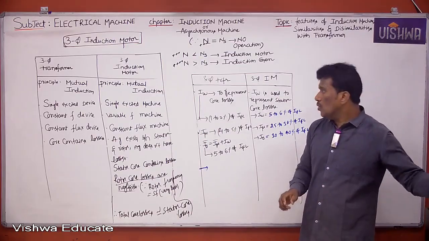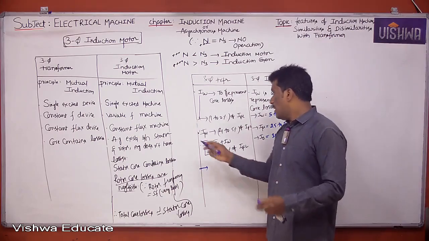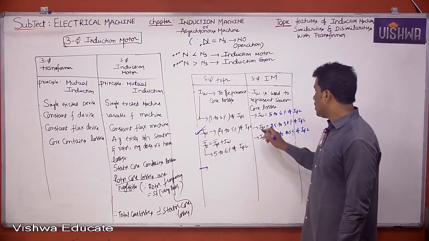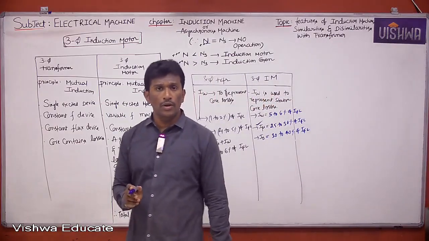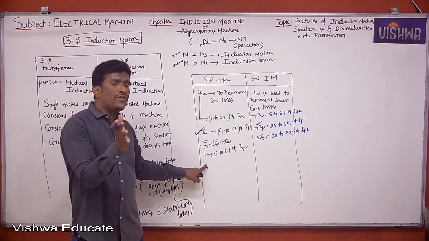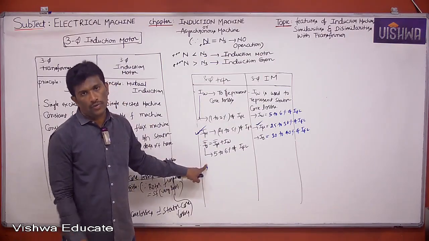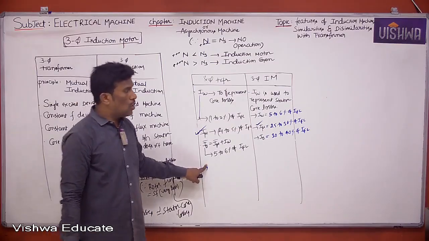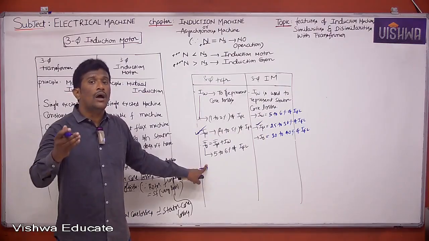Why is I mu required less in the case of a transformer, and why is I mu required more in the case of an induction motor? Very simple reason. In a transformer, flux passes from the primary winding to the secondary winding through the core. The core is made up of a magnetic material which has low reluctance.